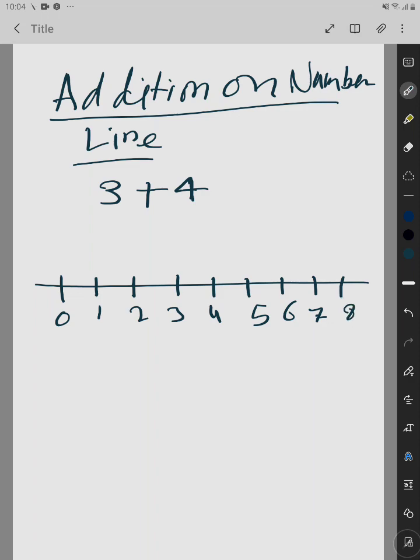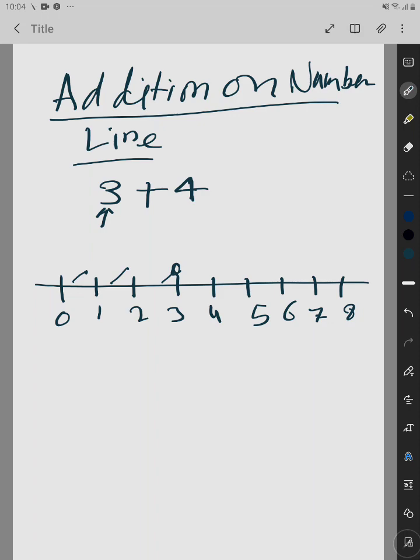You can have any numbers as per your requirement. First, from 0 we reach the first number: 1, 2 and 3. So we have reached here.